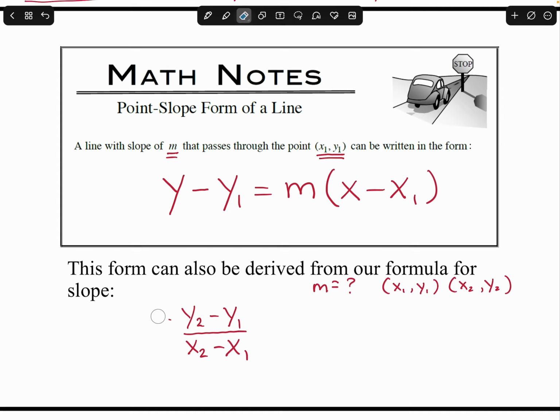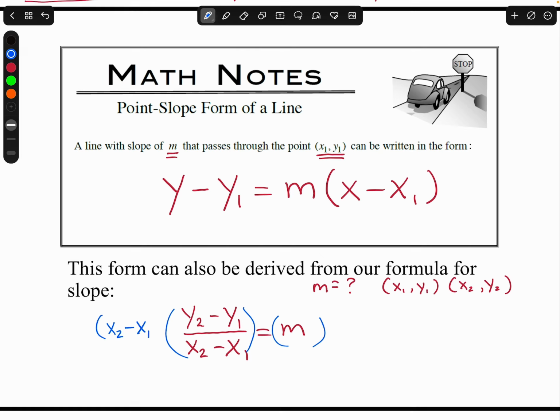And actually, let me do this. This might even make it click a little more. I'm going to move this onto the other side, that equals our slope. Well, if I wanted to get rid of my fraction, we would multiply both sides times our x sub 2 minus x sub 1, and what would be left over would be y sub 2 minus y sub 1, or y minus y, is equal to m times the quantity of x sub 2 minus x sub 1.